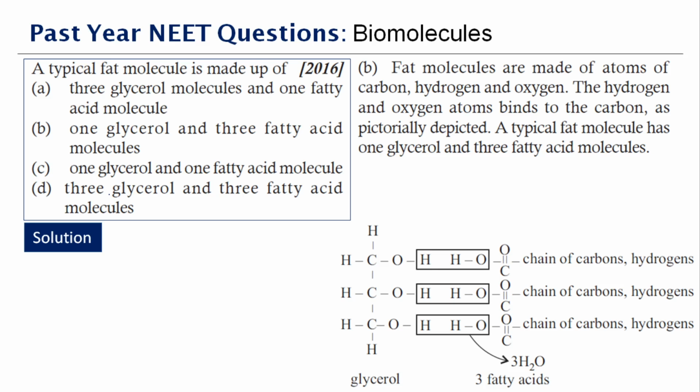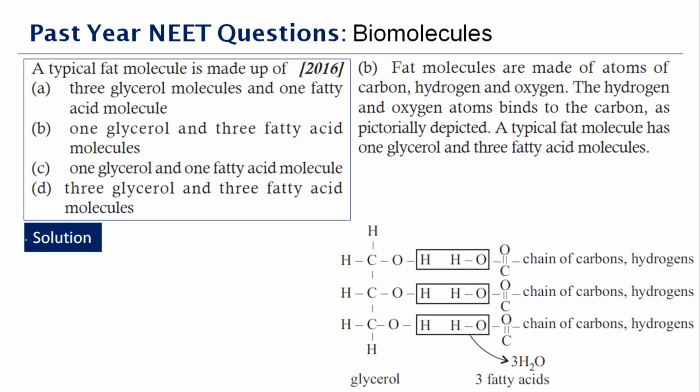Fat molecules are made up of atoms which comprise carbon, hydrogen and oxygen. In the previous question we saw that an amino acid requires carbon, hydrogen, oxygen and nitrogen. Now this requires 3 elements mainly. The hydrogen and oxygen atoms will bind to the carbon as pictorially depicted.